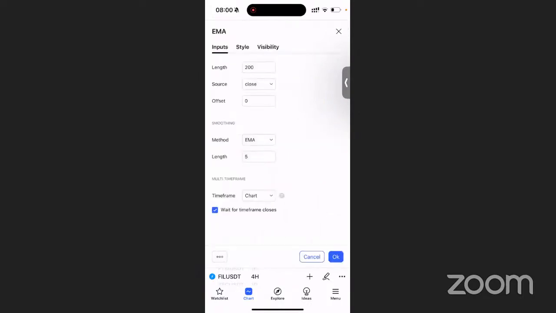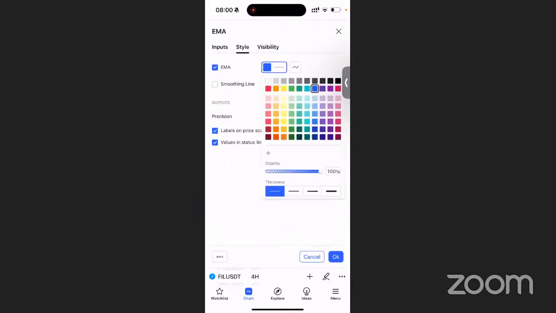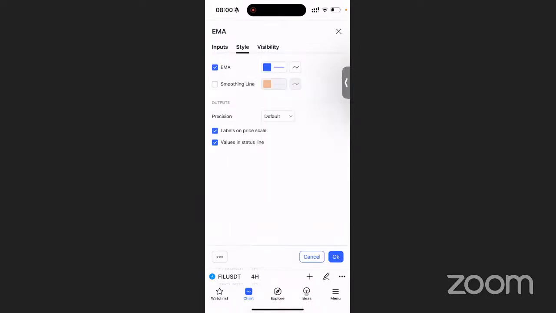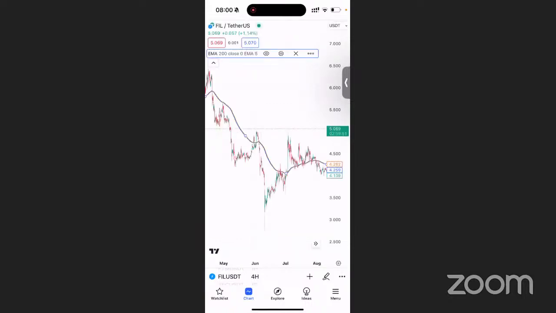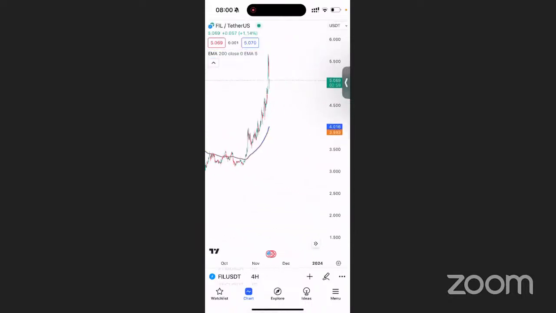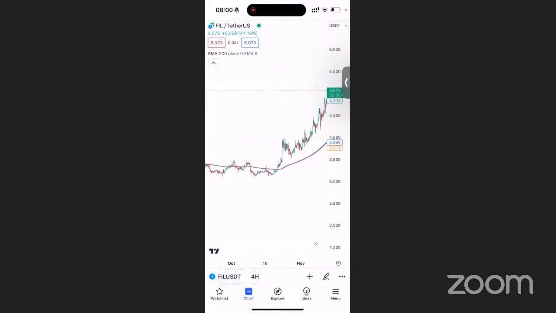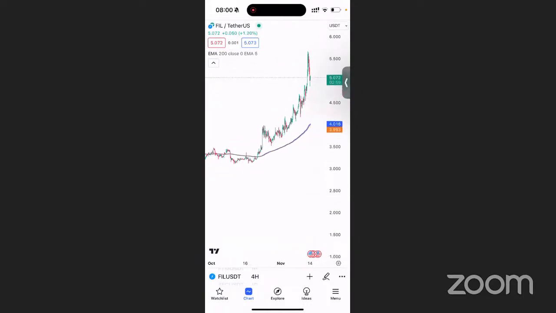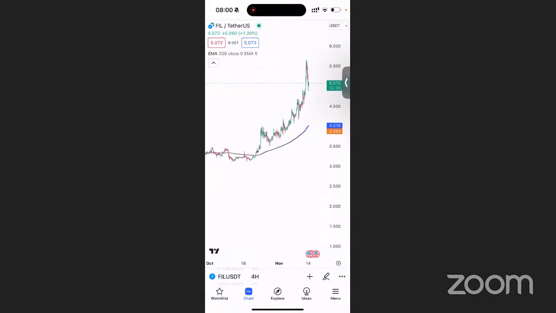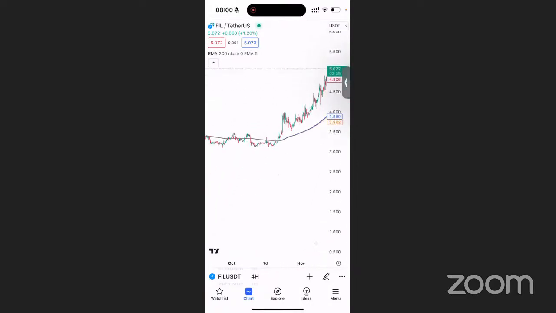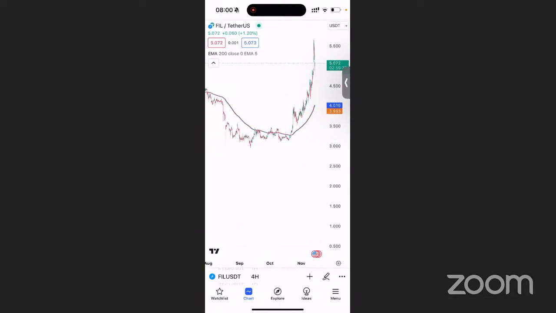Let me make it a little bit better. I'll just increase the thickness. With this moving average, you could decide to switch on the smooth line that moves alongside it, or you could leave it as it is. But I want to express its main point here.